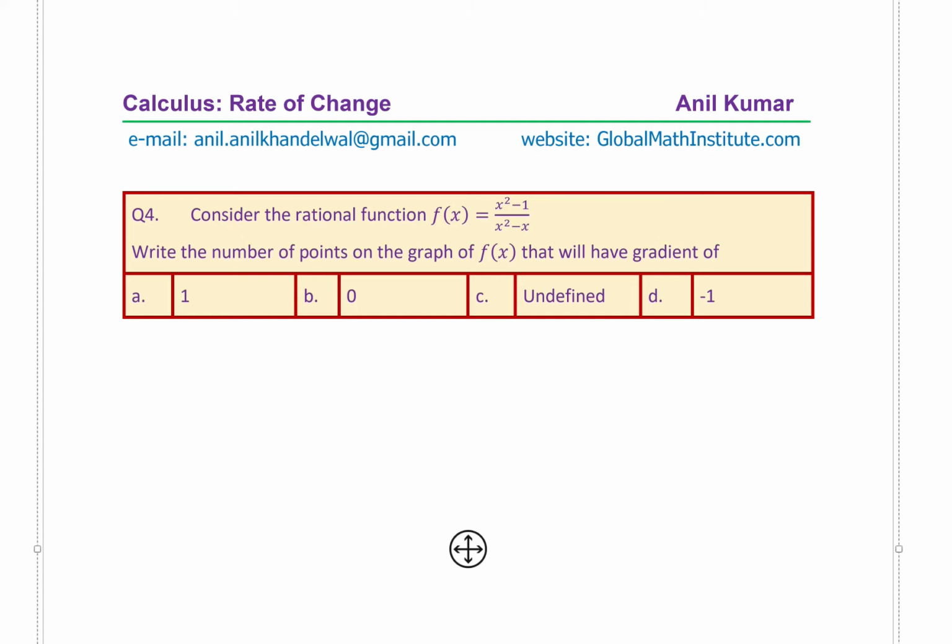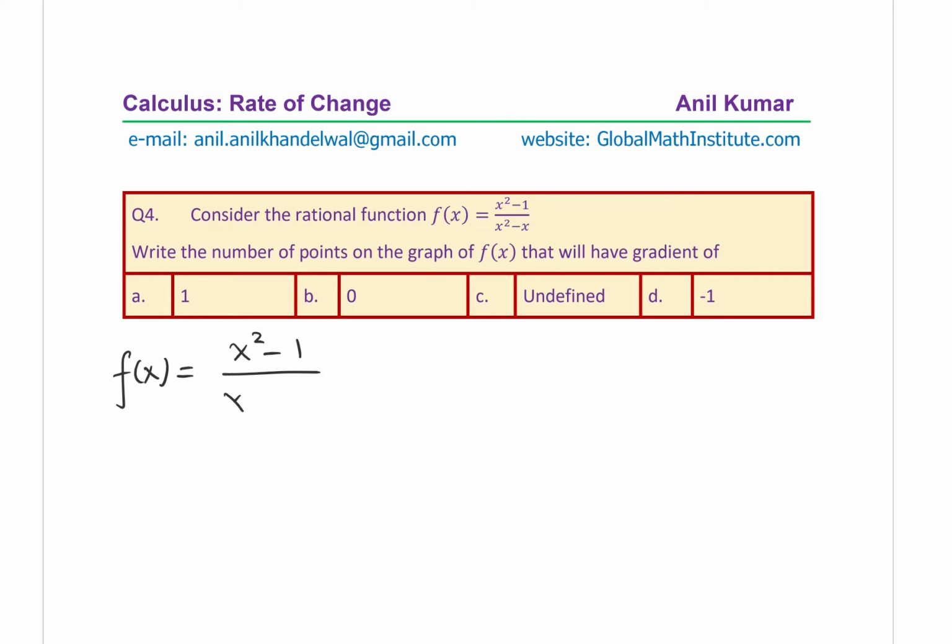We're talking about a function here. The function is f of x is a rational function, x square minus 1 over x square minus x. Now we need to figure out how many points on this curve will have a gradient of 1.